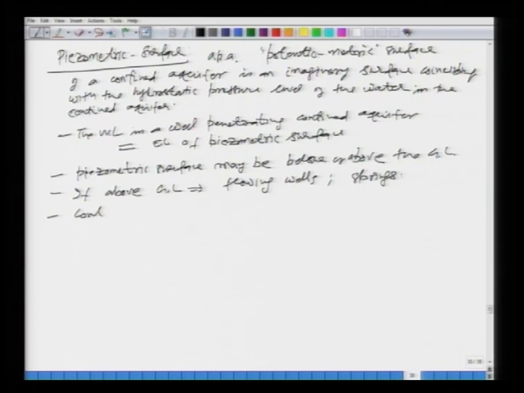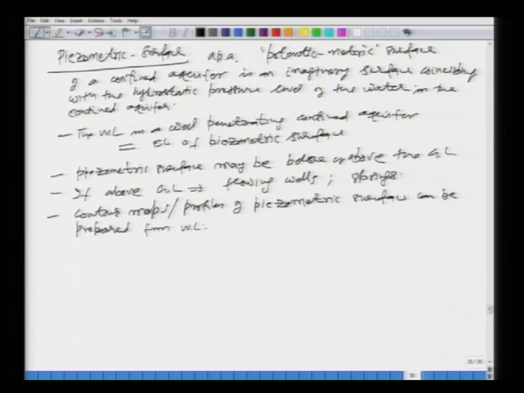The contour maps and profiles of the piezometric surface can be prepared from water level data from the wells in a similar manner, as I just said, because the water level in the well represents the pressure conditions.